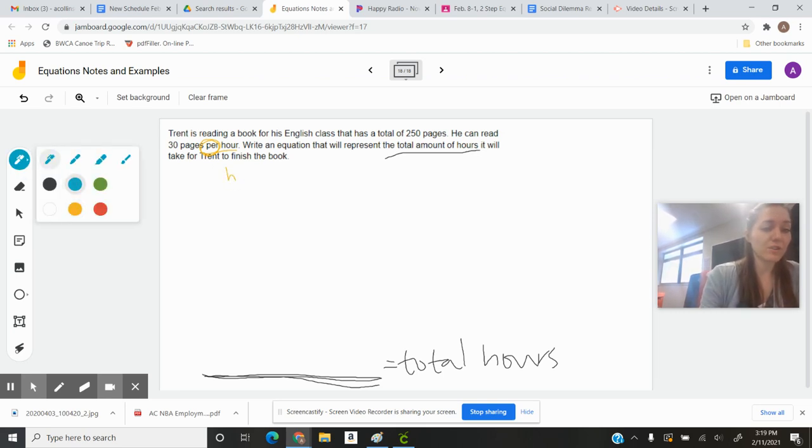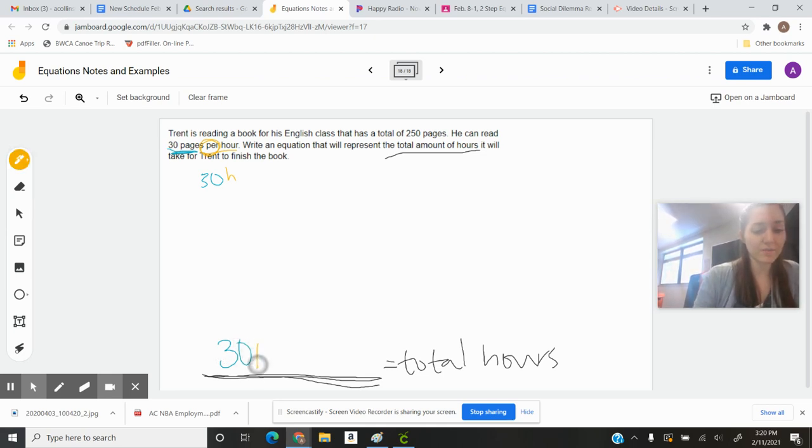Our coefficient is the thing attached to the variable, and in this case, it's 30 pages. So if he were to read for 2 hours, I would take 2 times 30. If he were to read for 5 hours, I would take 5 times 30. So that tells me somewhere in my equation I'm going to have 30 times h.